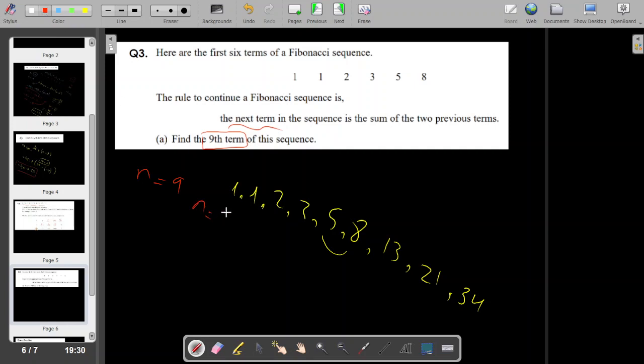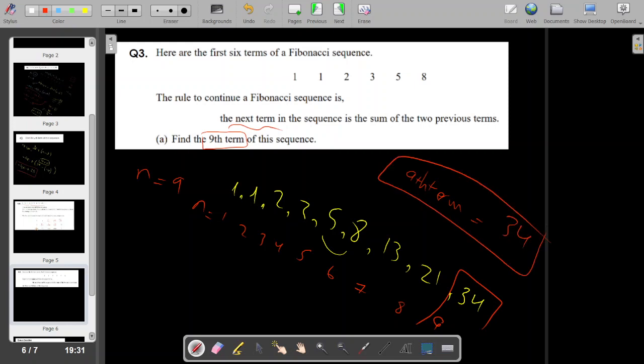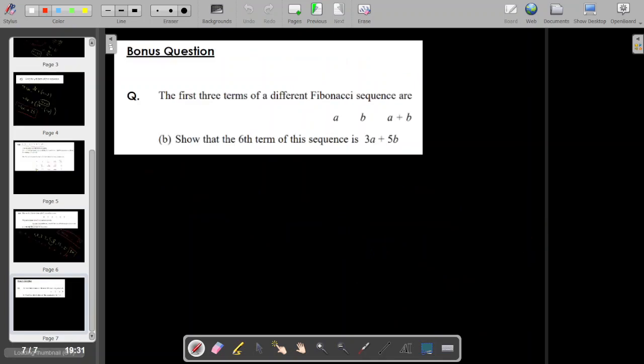So this is n equal 1, 2, 3, 4, 5, 6, 7, 8, 9. So it means that the nth term, or the term where n equal 9, is going to be equal to 34.